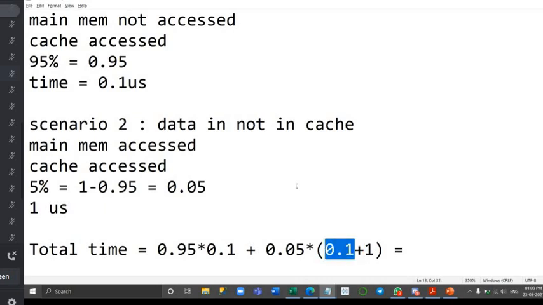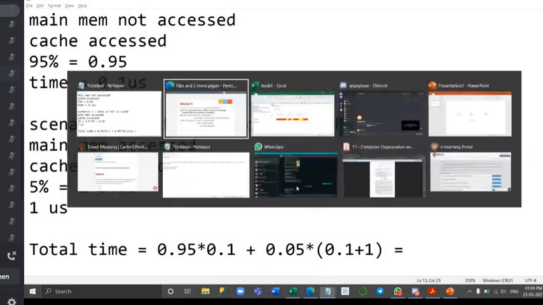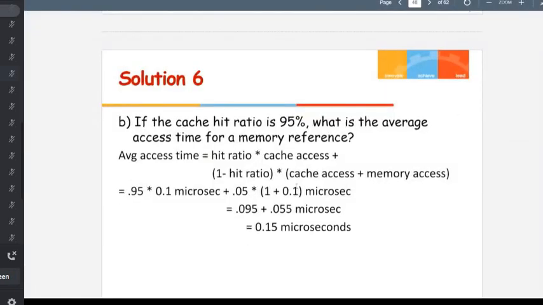If the cache miss happens, the processor has to go to the main memory to fetch the data. So this 0.1, the cache access time, is added to the 1 microsecond, which is the memory access time. That multiplied by the cache miss ratio will give you the entire cache miss time. When we add these two together, you get 0.15 microseconds, which is the total time inclusive of cache hit and cache miss. I hope that's clear.